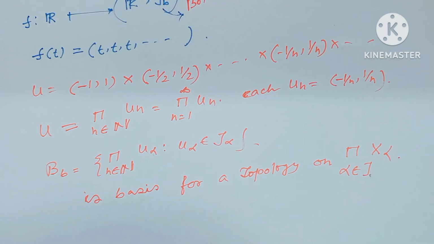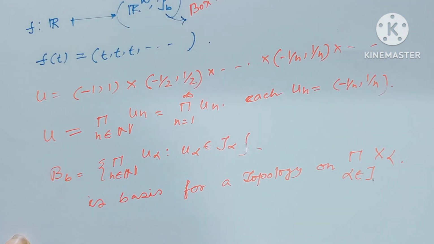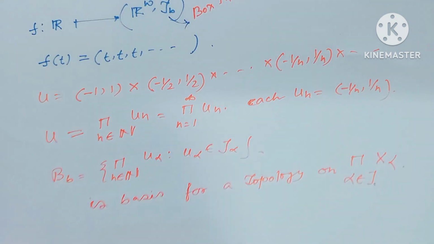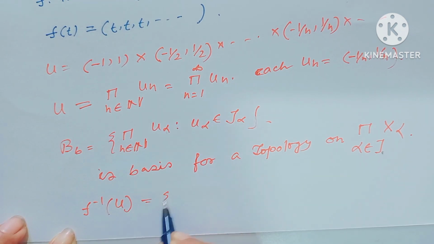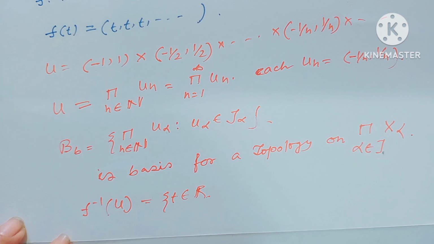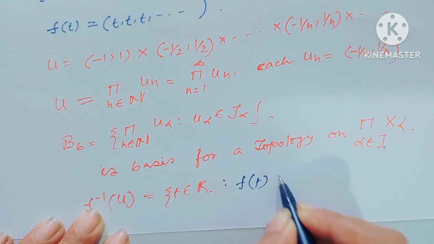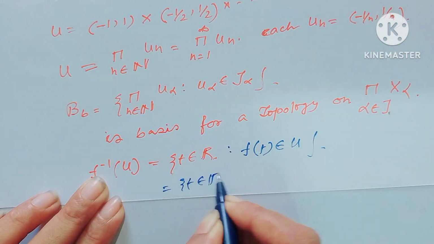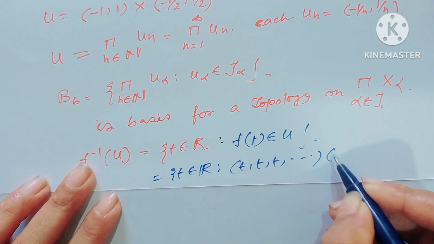And this mapping is not continuous, because we all know the definition of continuity: the inverse image of an open set is open. Here f⁻¹(U) equals those t belongs to R such that f(t) belongs to U. That means t belongs to R such that (t, t, t, ...) belongs to U.